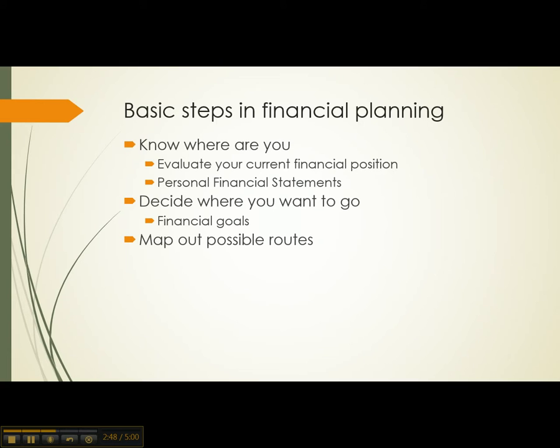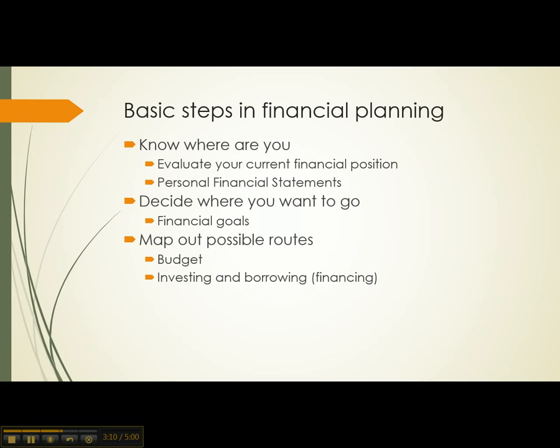Once you know where you are and where you want to go, then you can find out the best way to get there. The best way to get there involves two things. One is looking at your spending, so looking at your budget, and then also planning on investing and borrowing money to reach your financial goal.